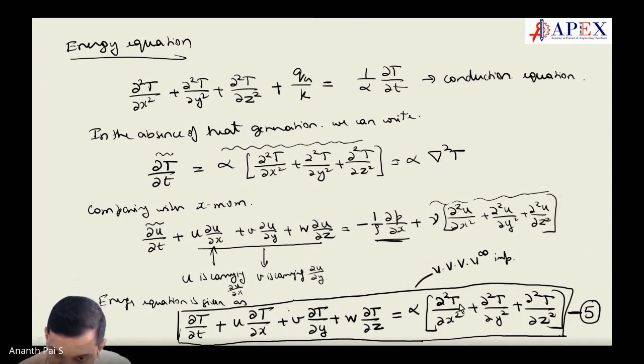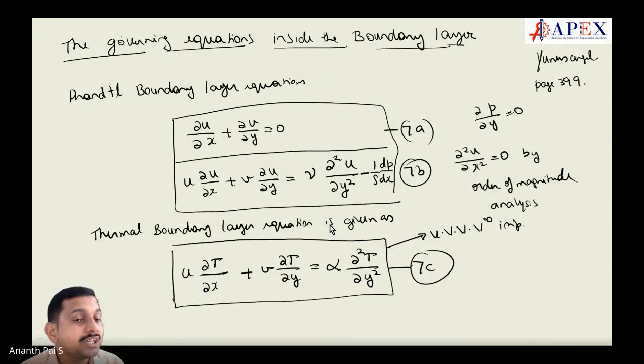Okay, diffusion, convection, temporal. Temporal, convection, diffusion. These three parts. This is called the convection diffusion equation. In a convection diffusion equation, there is no pressure gradient. Now, convection diffusion without pressure gradient is what we did in Prandtl's boundary layer equation.